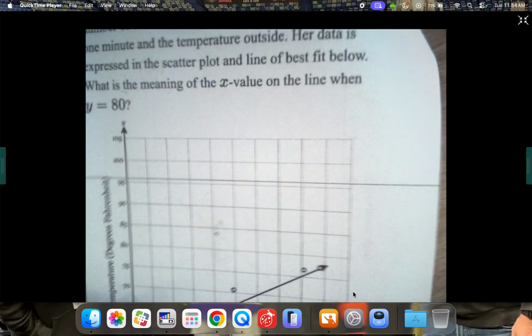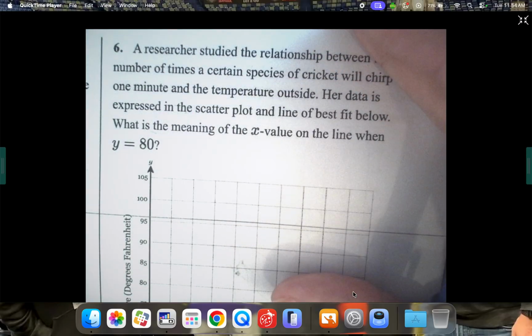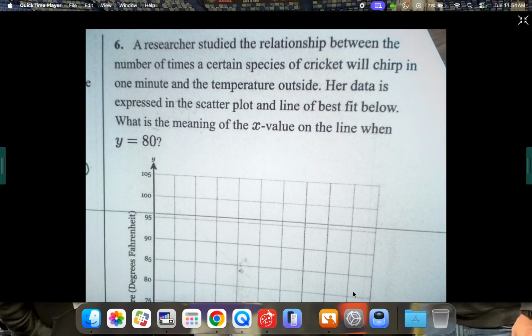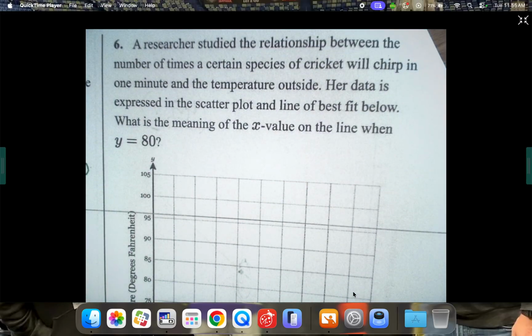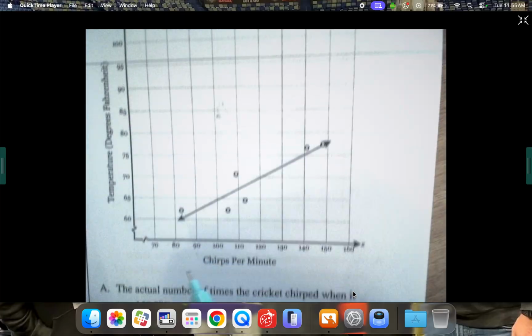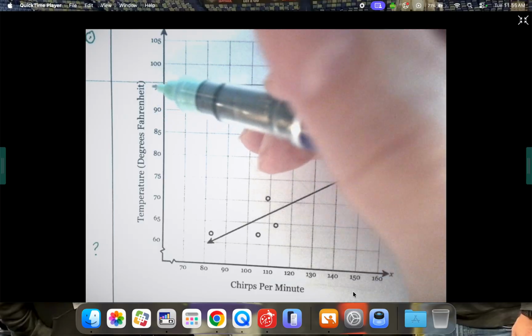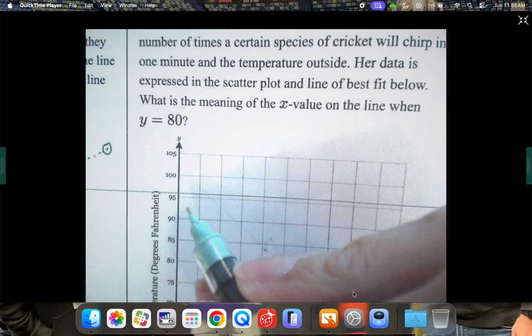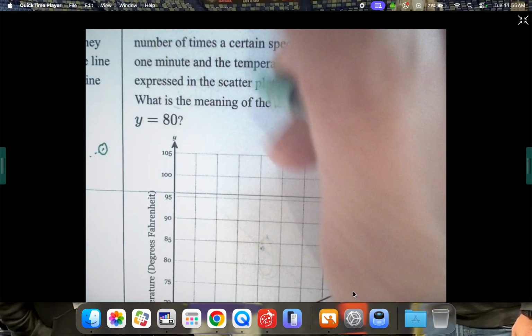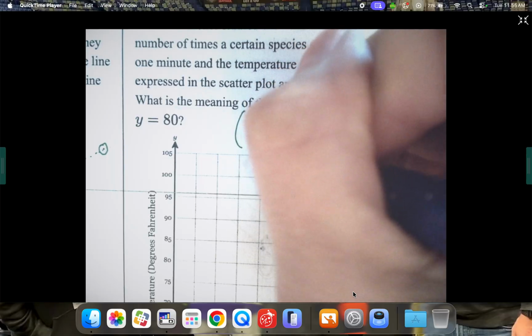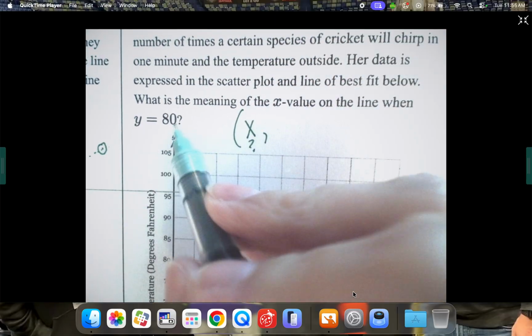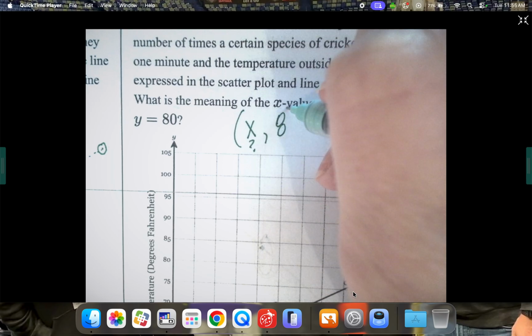Okay, number 6. A researcher studied the relationship between the number of times a certain species of cricket will chirp. Her data is below: chirps per minute and the temperature outside. We're saying what would be the X value if the Y value is 80?